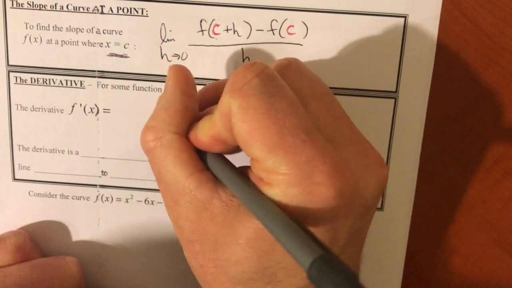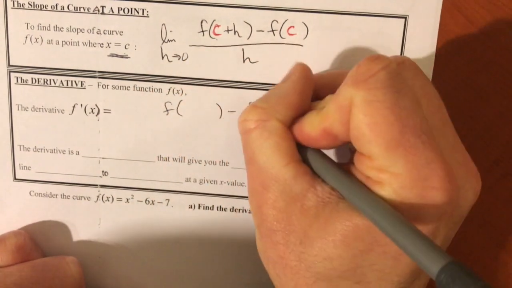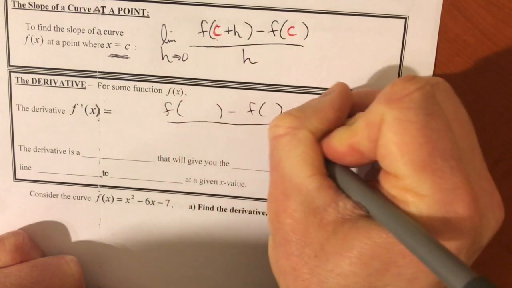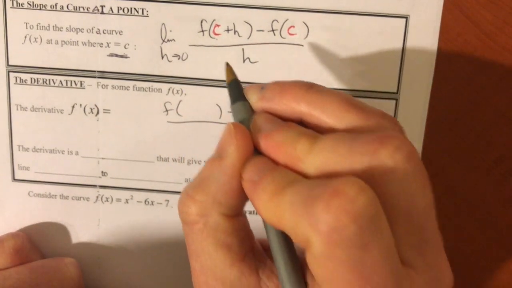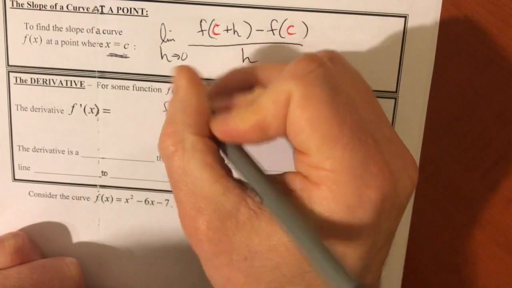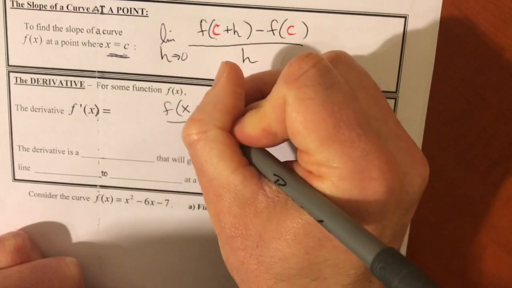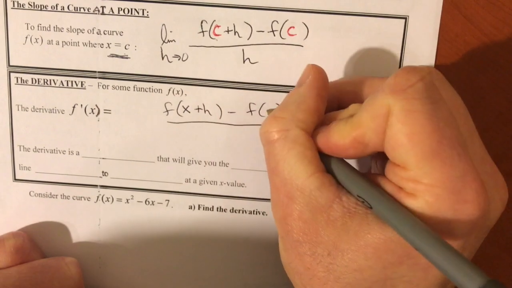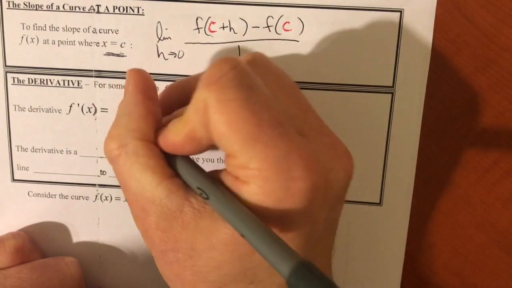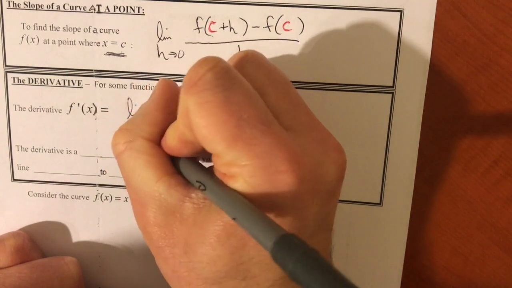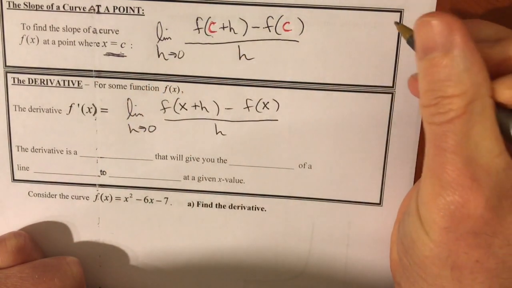It's doing the same procedure, but instead of doing c plus h, because you want the slope specifically at that number, we generalize it and we leave x in there. f of x plus h minus f of x, over h. And I take the limit of that as h approaches 0.